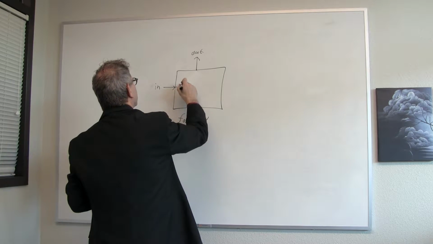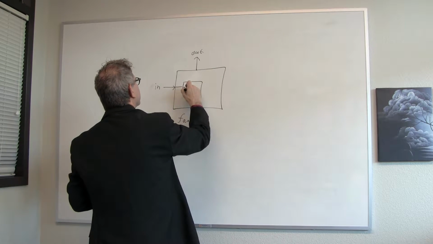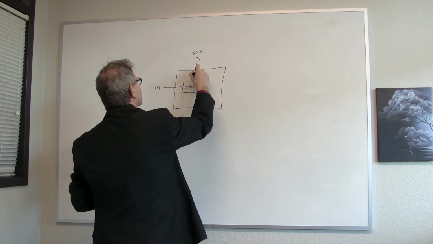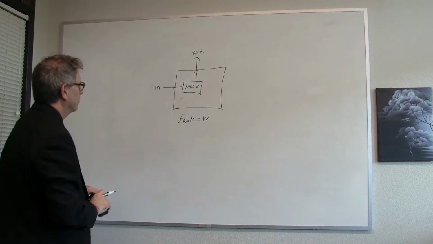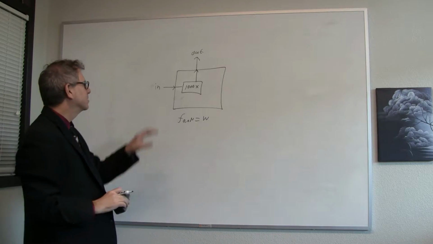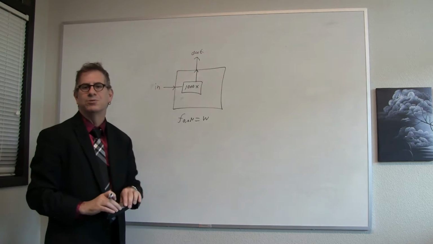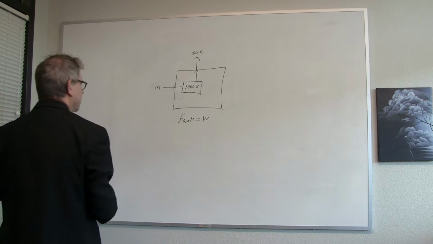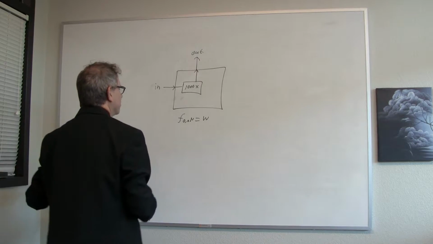Now if we envision a block in here which does multiplication, this would become an amplifier. It would take an input and it would produce an output whose value is 1,000 times the input. And we could do that as follows.